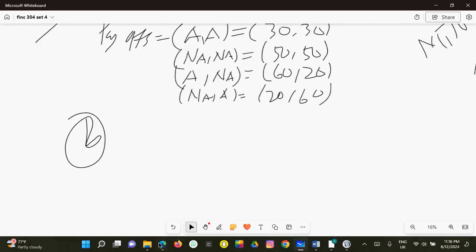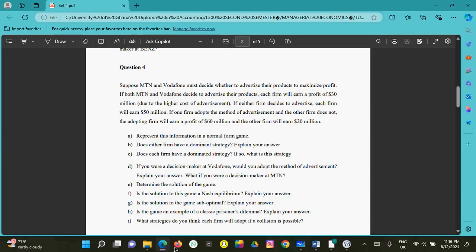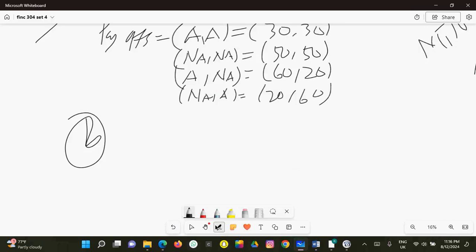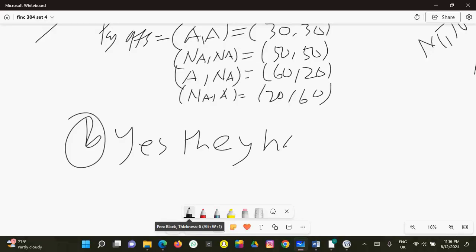So now part B was asking, does either firm have a dominant strategy? Yes, they have. So now you go further and explain that. Yes, each firm has a dominant strategy, which is to advertise.